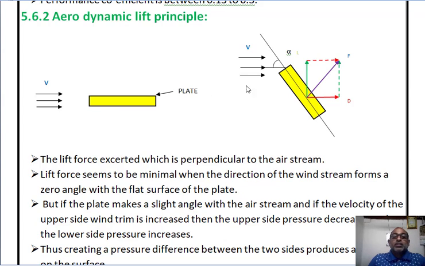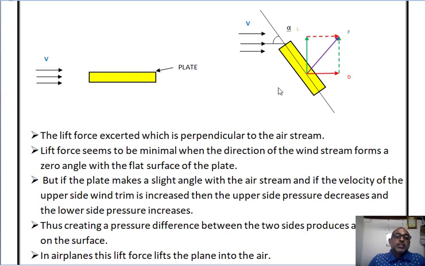But if the plate makes an angle with the air stream, and the velocity of the upper side wind stream is increased, then the upper side pressure decreases and the lower side pressure is increased. Thus a pressure difference between the two sides of the plate produces a lift force on the surface. In aeroplanes, this lift force lifts the plane into the atmosphere.